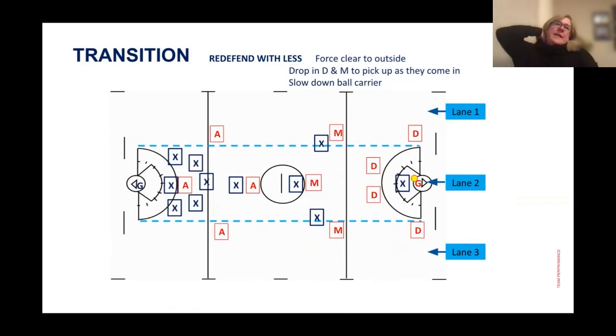All right, so this is again just one example of how, as the ball transitions down, you may want to force the ball to go. Sorry, you're going to slow the ball carrier down with this player X right on the goalkeeper, and she's going to hopefully pressure the goalie to not be able to get a great clear out.